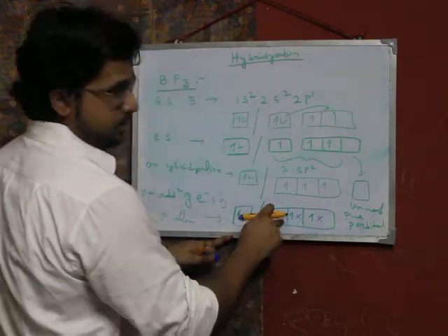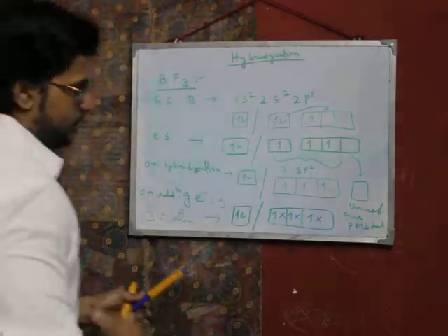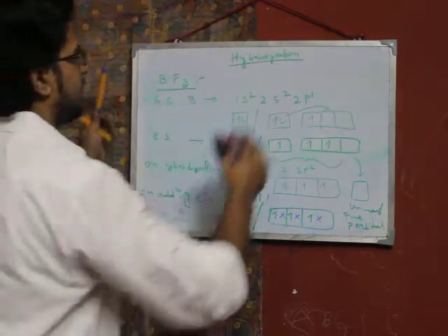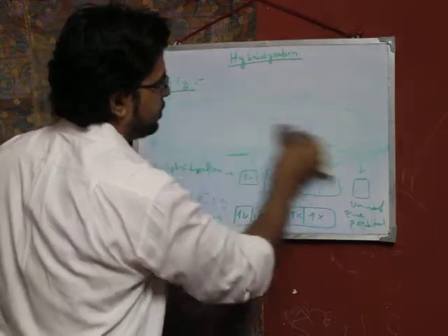This cross is the electron donated by the fluorine atom. Now what is the structure of the BF3 molecule?